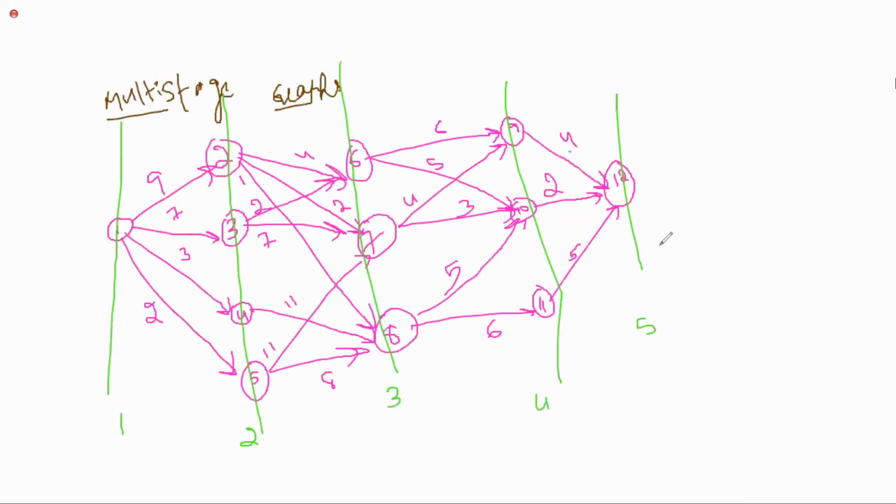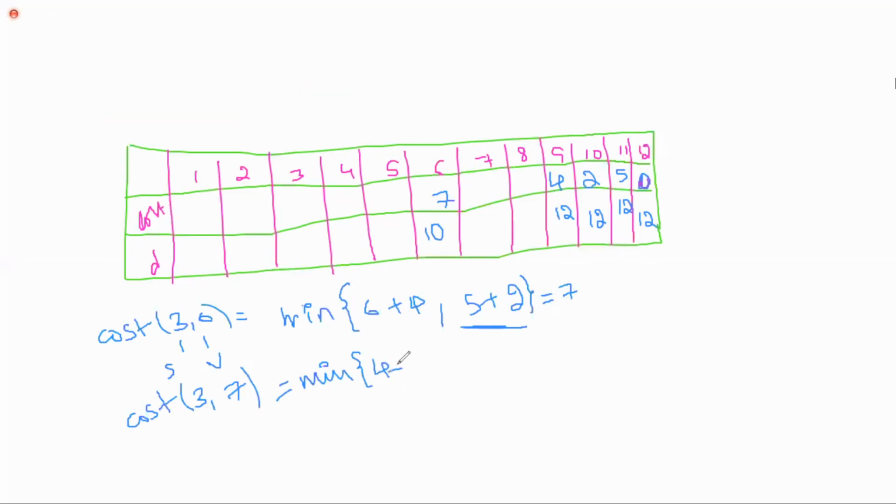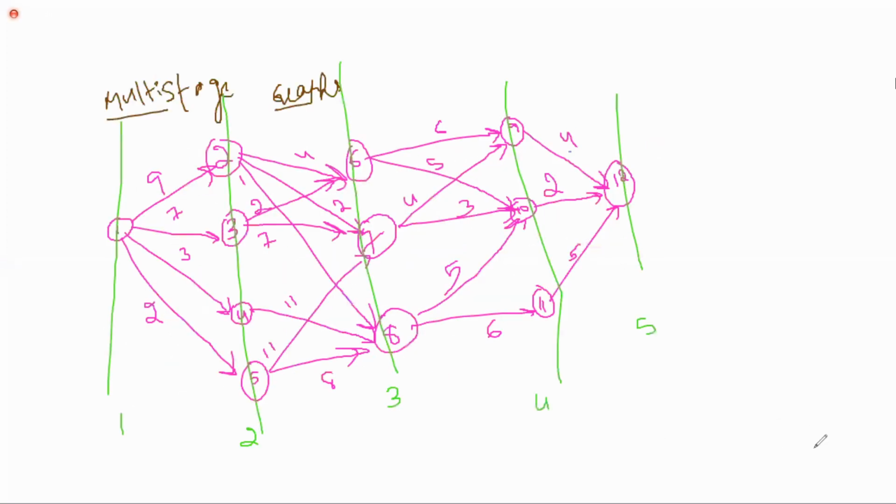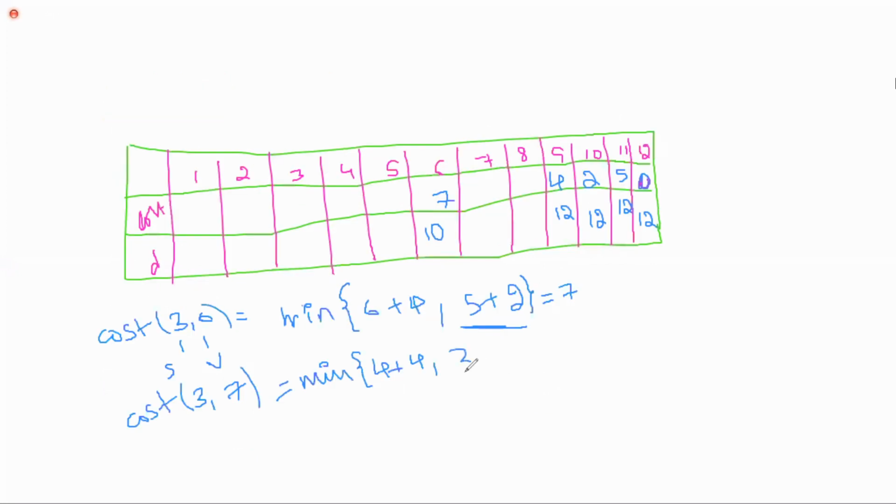First is 4, and 4 plus cost of 9, which is also 4. So 4 plus 4, comma. What is the next outgoing edge? It is 5, and the cost is 3. So 3 plus 2, which is 5. Which one is minimum? 5 is the minimum. Vertex number 10 is giving me 5. So I am updating this with 5.